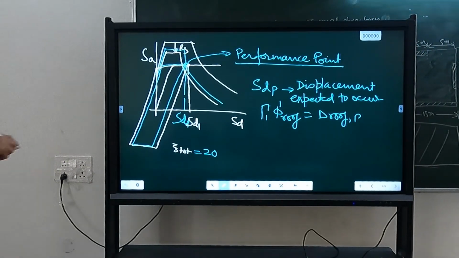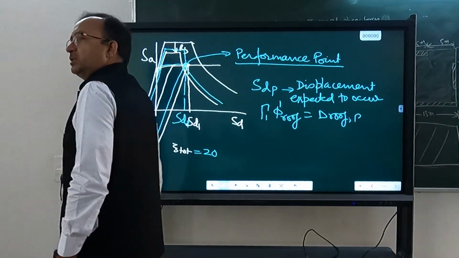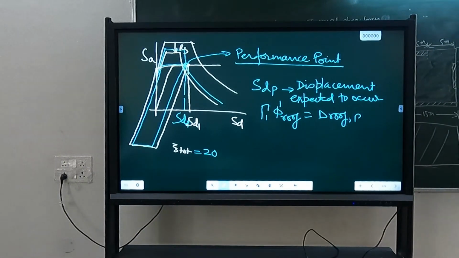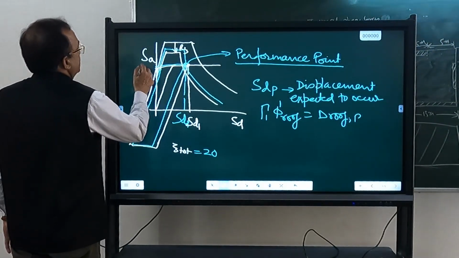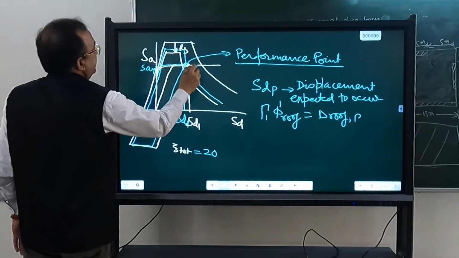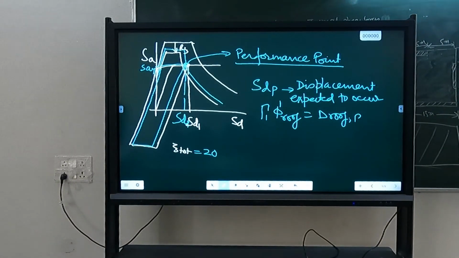So force is the same. You can see that it is elastoplastic, the force is the same. We have not changed the force. We have only reduced the energy dissipated, which is given by the area of the hysteretic loop forming at that displacement. Force remains the same.